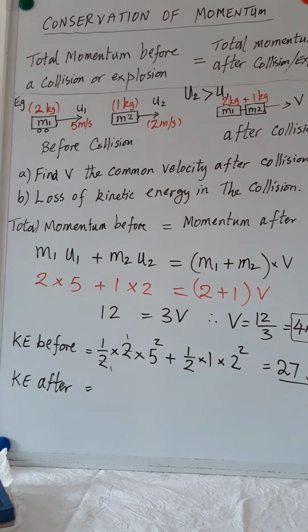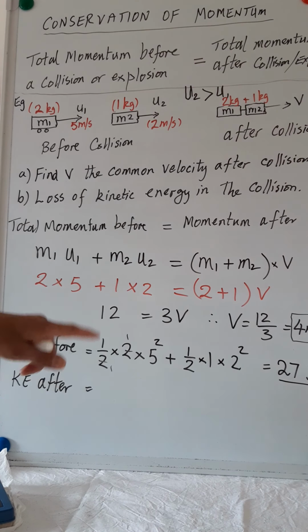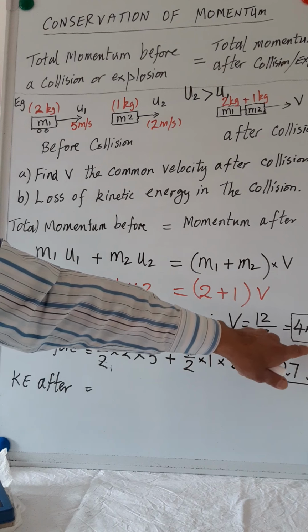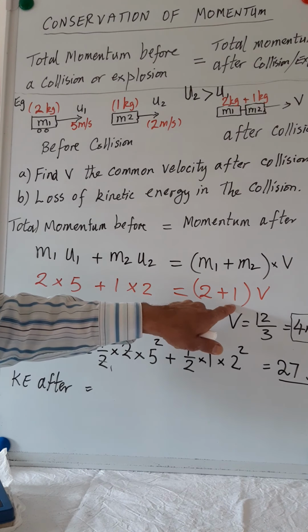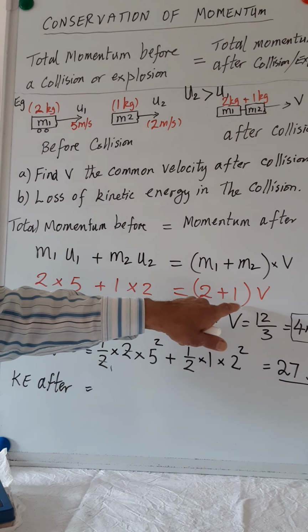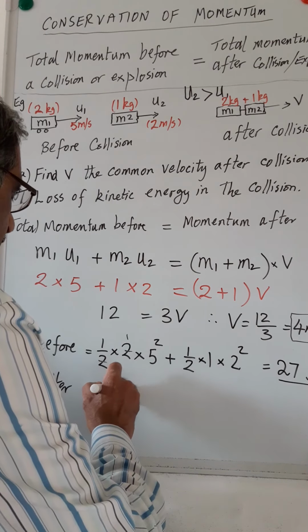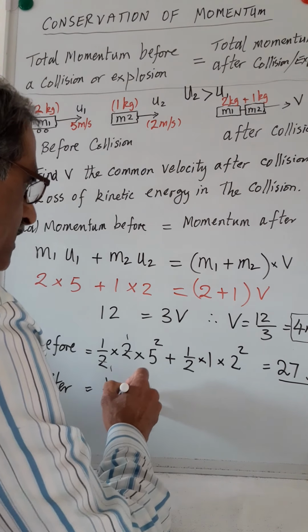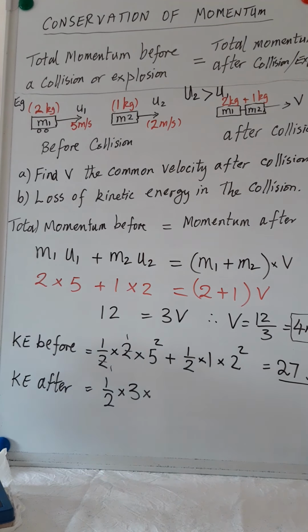After the collision, the two trolleys move off together with a common velocity of 4 meters per second. So the total mass is 2 plus 1, which is 3, and the velocity is 4. So it's a half times the mass, which is 3, times the velocity squared, which is 4 squared.